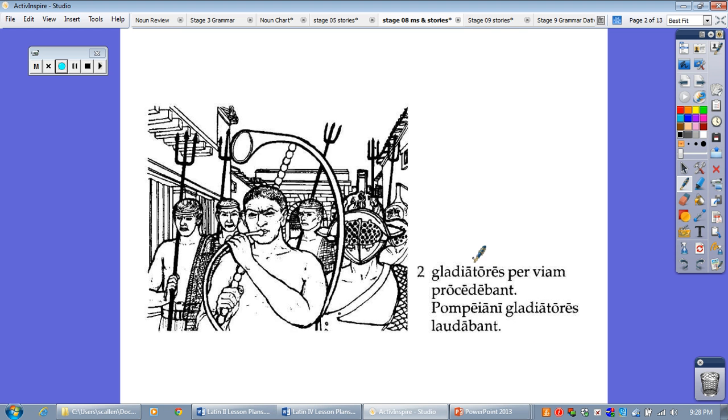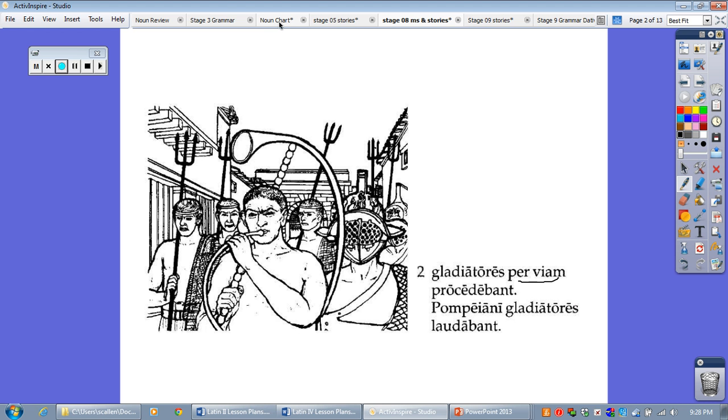In the first, gladiatores perviam procedebant, the gladiators were proceeding through the street. You've got subject, prepositional phrase here, and then, of course, your verb. The second sentence, Pompeiani gladiatores laudabant, you've got Pompeiani, who would be the subject there. Laudabant is your verb. Gladiatores is actually accusative plural.